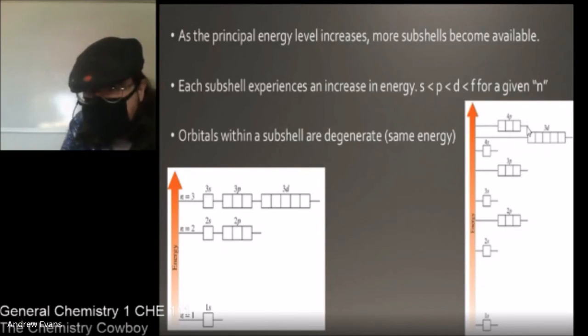You'll notice something really weird, and we'll talk about this with the periodic table in a minute. The 3D actually comes at a higher energy than the 4S. We'll see why something weird happens in a few minutes when we talk about this in terms of the periodic table.